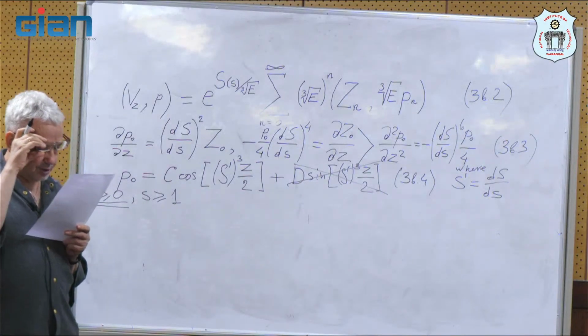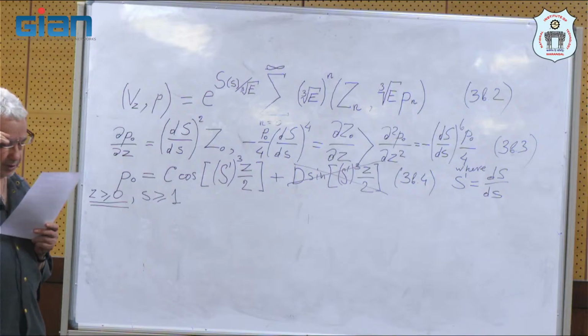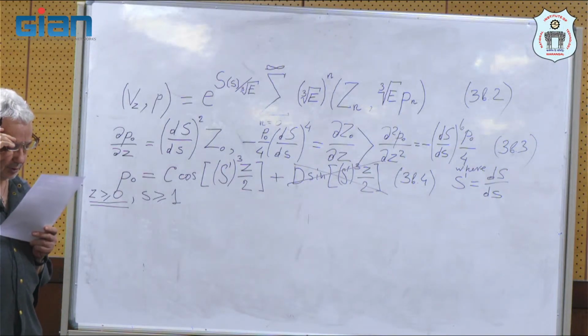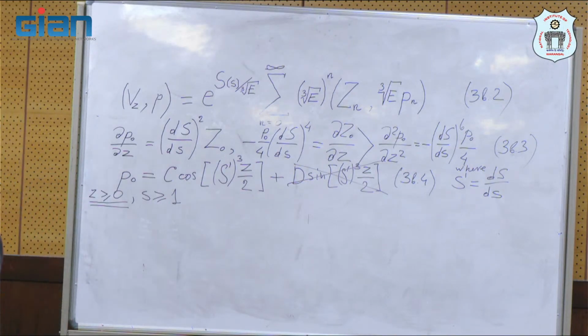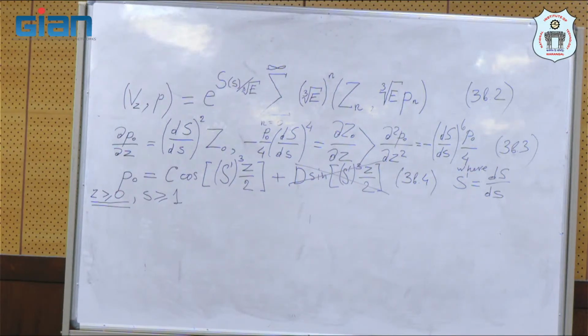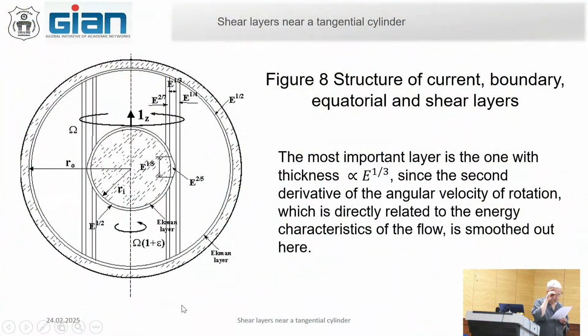The remaining boundary condition in the upper part of the tangent cylinder, see here, in the upper part of the tangent cylinder, there is actually a boundary condition here outside on all this part, but also there is a boundary condition here on the upper part for this shear layer.